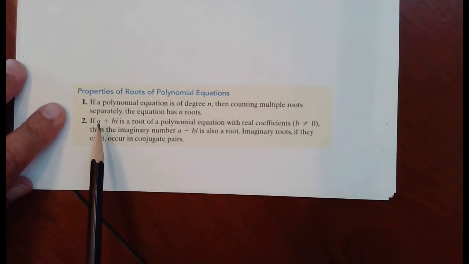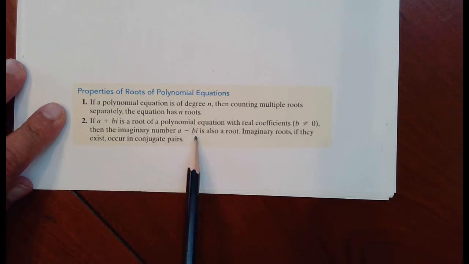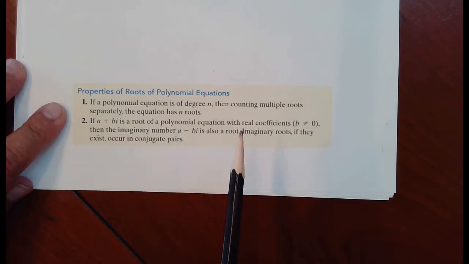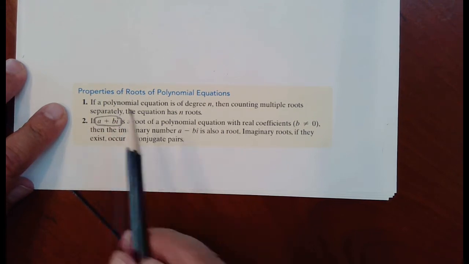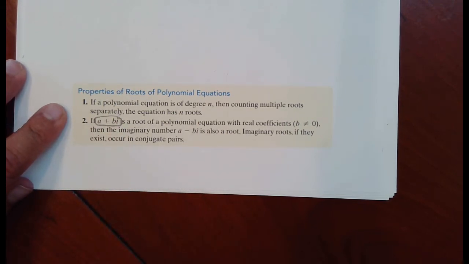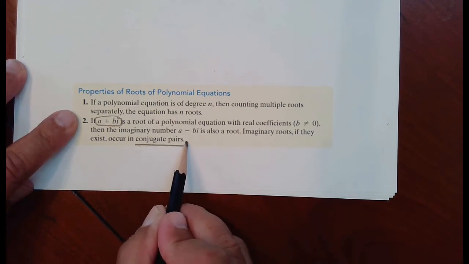And that sometimes your roots can be imaginary numbers, they can be complex numbers, and specifically what I want you to take away from this property is that your answers that are complex numbers like that, they always occur in conjugate pairs.